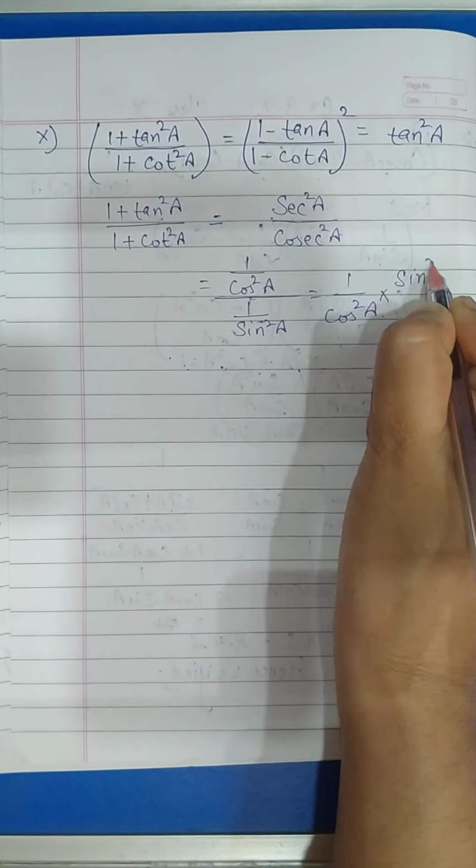Now the numerator is as it is. But in the denominator we have to take again LCM. Now it's tan A minus 1 in the square. 1 minus tan A multiply reciprocal of this.